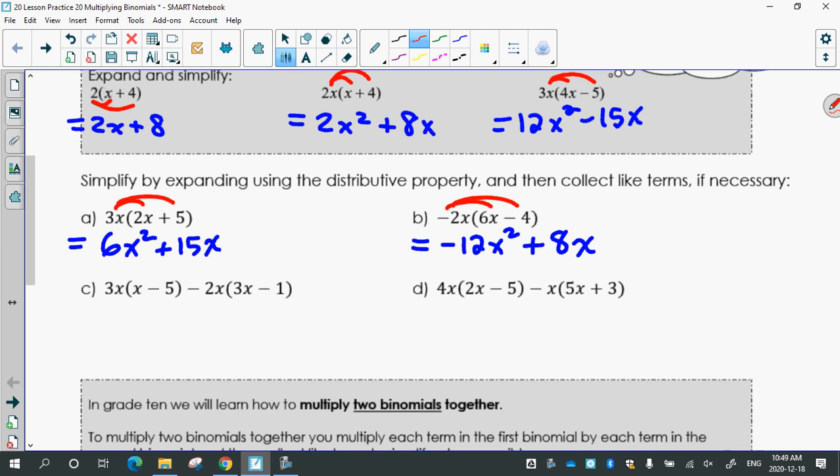So now we're going to use the distributive property, but also we're going to have to simplify by collecting like terms, so it's going to be a two-step one. So first thing you do is use the distributive property. 3x times x is 3x squared. 3x times negative 5 is negative 15x.